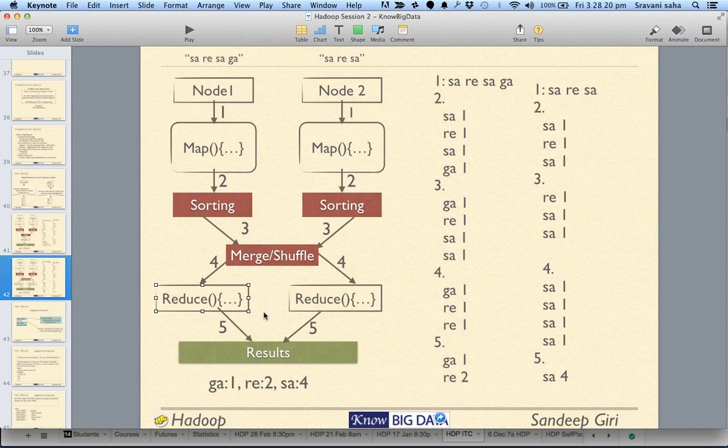Then on each key, one by one, the reducer function we have written will be applied onto these values, and it will convert these multiple values into a single value.